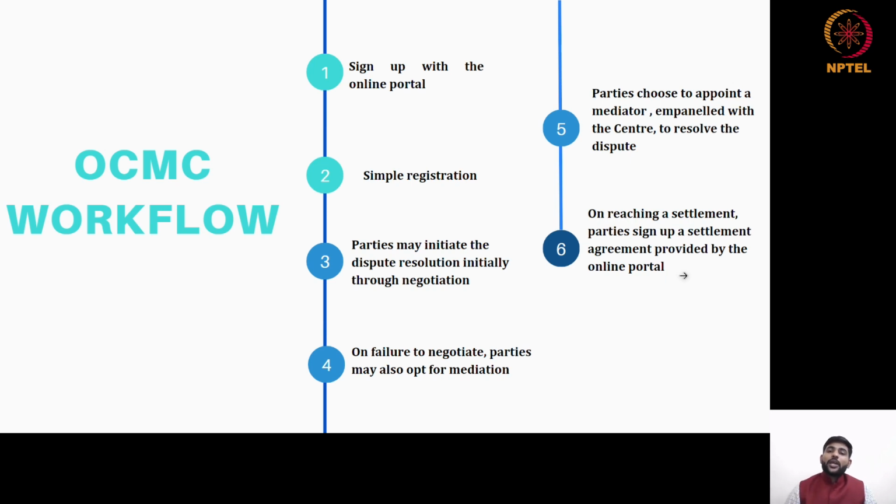Once he chooses the company, he was also required to provide the receipt number for the grievance which he is raising. So for raising a grievance, he has to purchase some product from an e-commerce company. The e-commerce company will provide the receipt, and that receipt number he is required to provide on that portal.